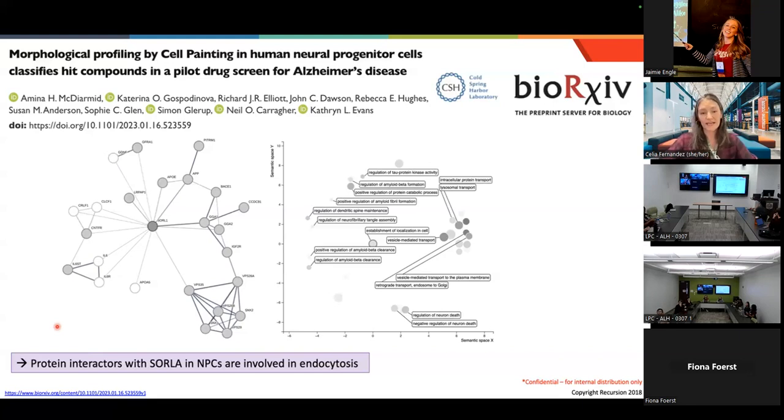That's a great sign, actually, right? Because the phenotype associated with the sortilin knockout is enlarged endosomes. And so this all kind of makes sense. Again, if the protein interactors that they found in the NPCs were something different, it might indicate that there's something wrong with the system or that their experiments aren't quite working out.